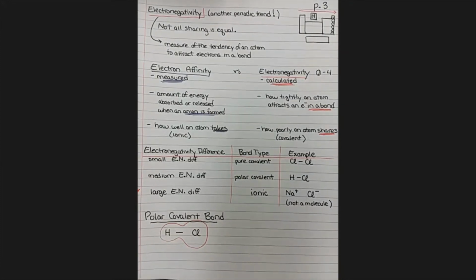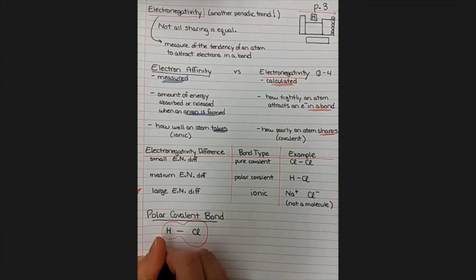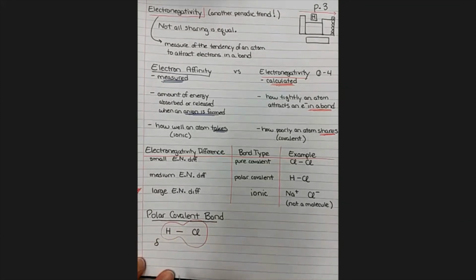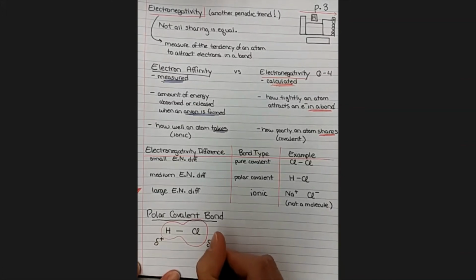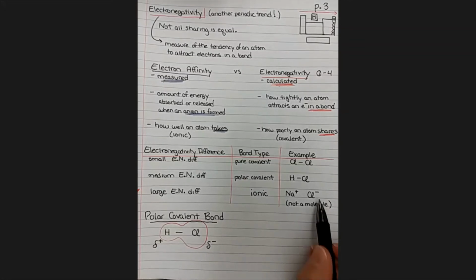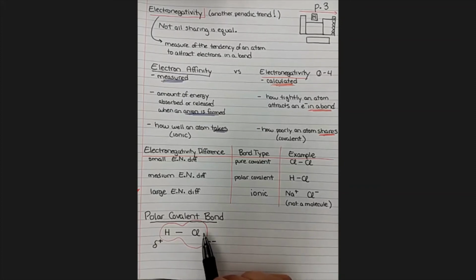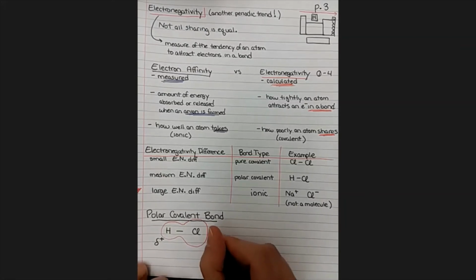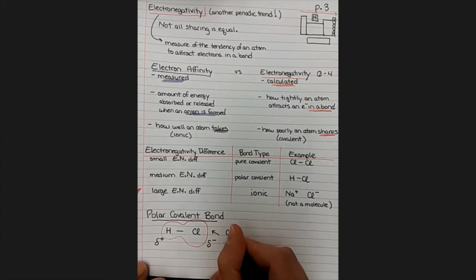And we can indicate that in the picture by using a little lowercase Greek letter delta. We put a lowercase delta plus next to the less electronegative side, and the lowercase delta minus next to the more electronegative side, because having the negatively charged electrons by this side for longer makes that a slightly negative charge. It's not a full negative charge, so the electron doesn't completely belong to this side, so we can't just write negative, so we write this symbol to indicate it's a partial negative.